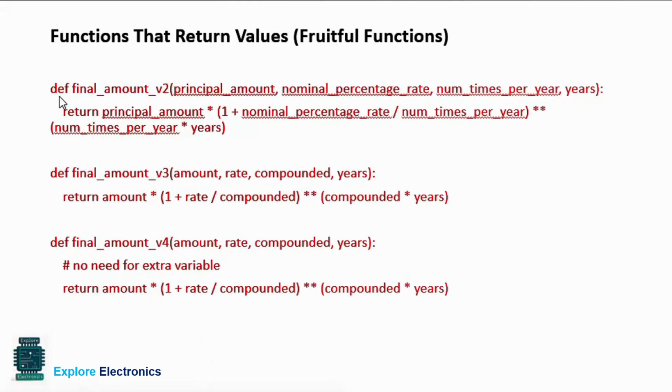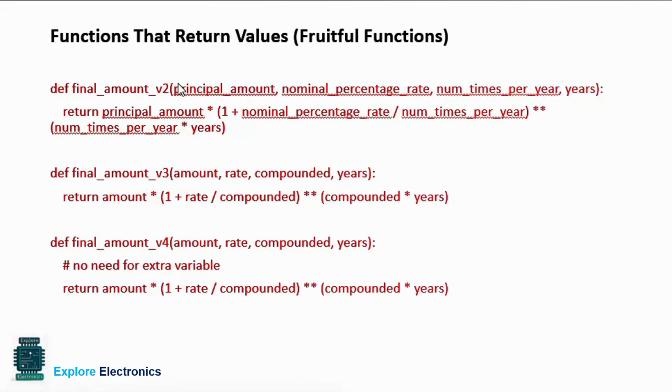Let us see one more example here. Define final amount V2, with principal amount which is P, nominal percentage rate which is rate, number of times per year, and years.